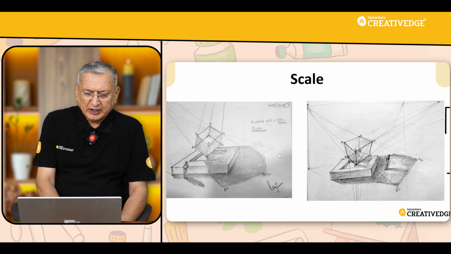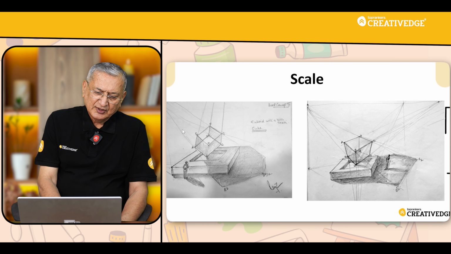Then here I wanted to show another principle of the design, and that is the scale. Wherever there are the comparison of sizes are there, the principle of design that is used is scale.